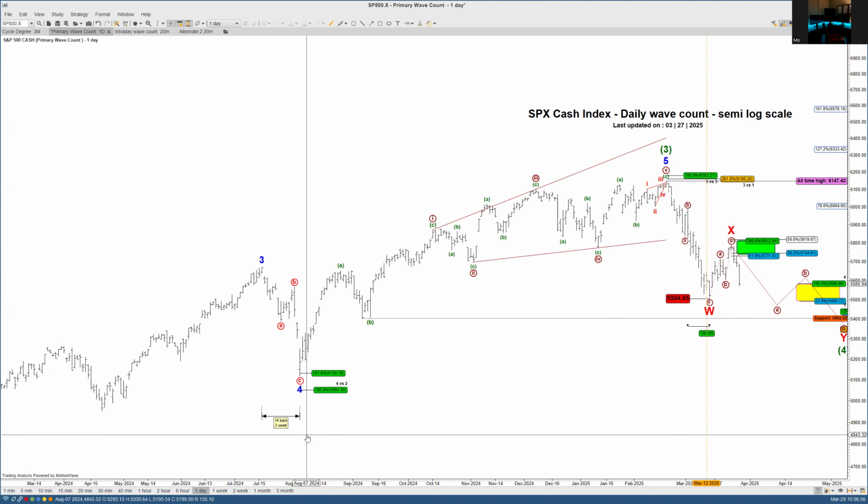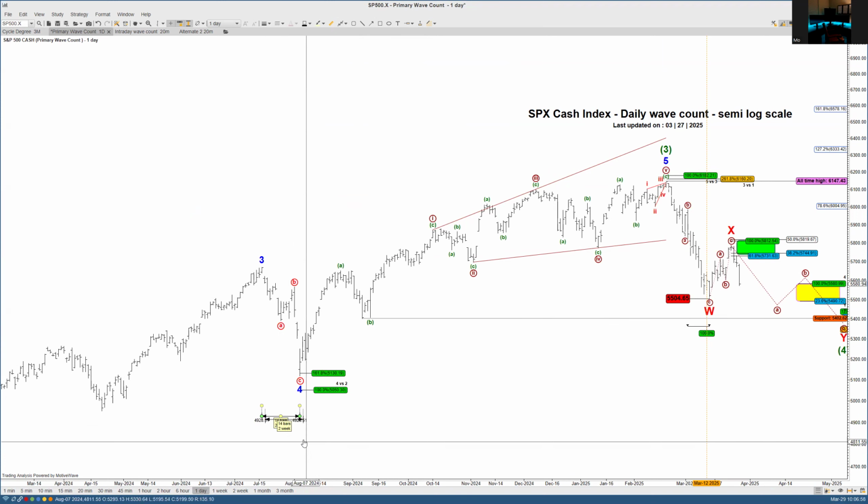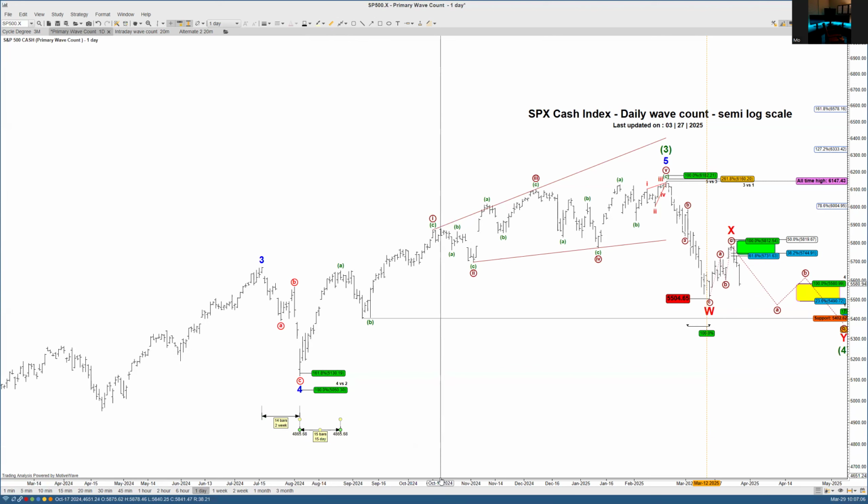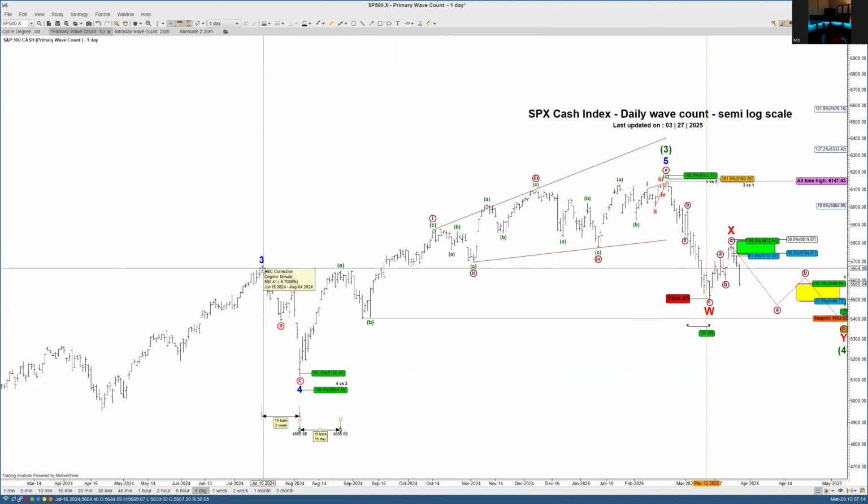It took 2 weeks. So let's do this low to this high, 15 bars, 15 days. The retracement came down here, so it took 1 extra day. But it didn't make a high yet. Remember, the high was taken out here.